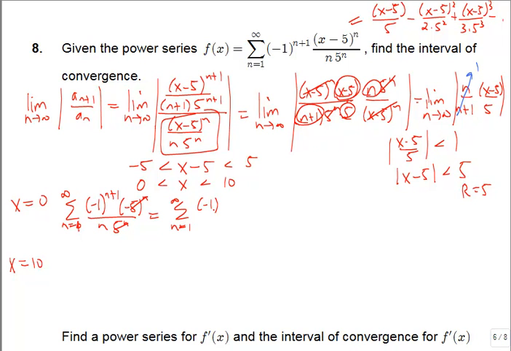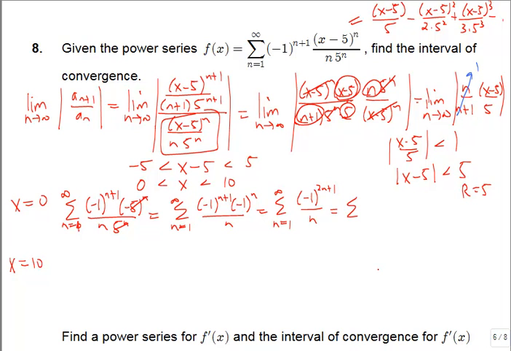So I'll have a negative 1 to the n plus 1 times a negative 1 to the n over n. And if you look at those powers, we can go ahead and combine these a little bit. This is like a negative 1 to the 2n plus 1 over n.